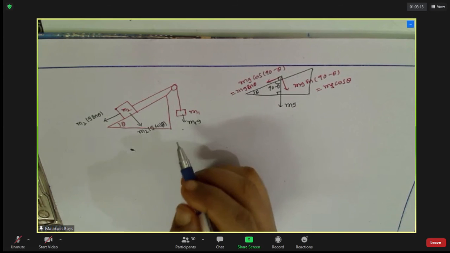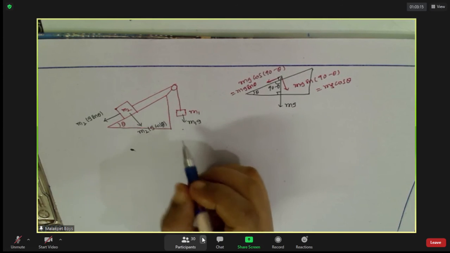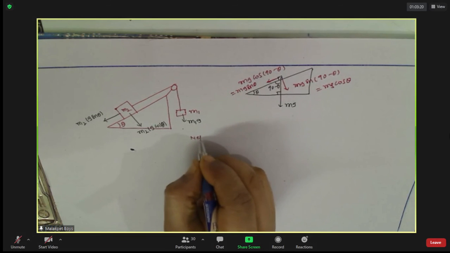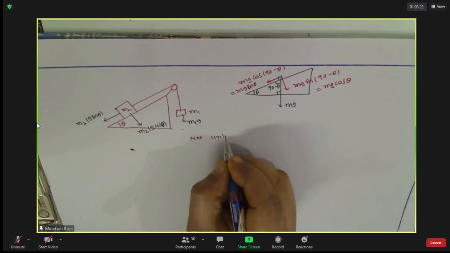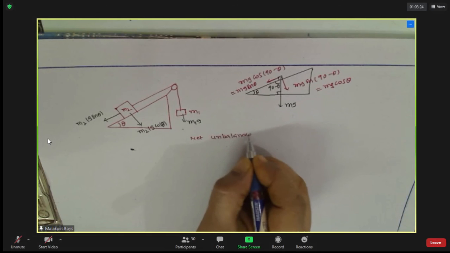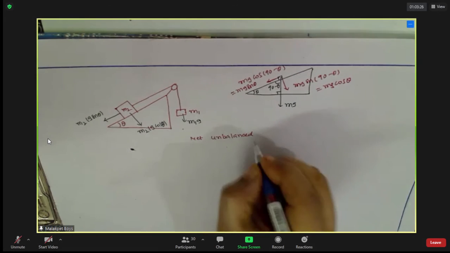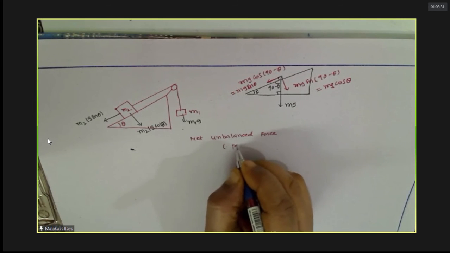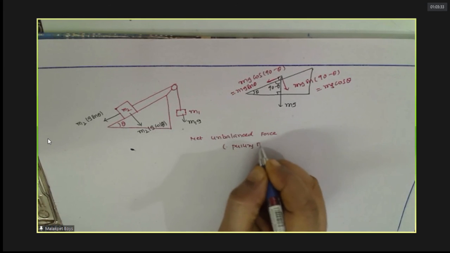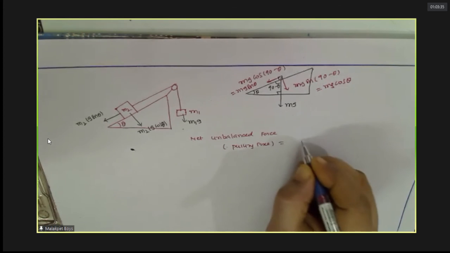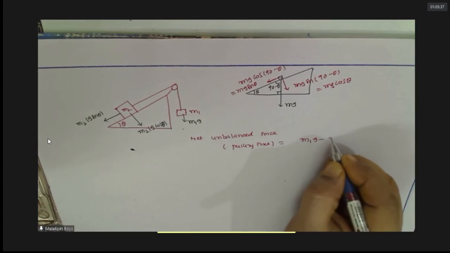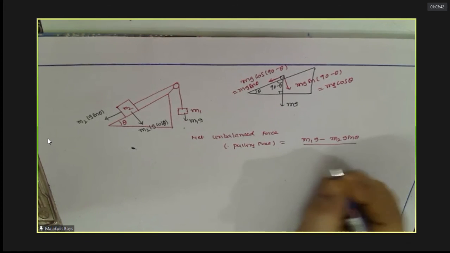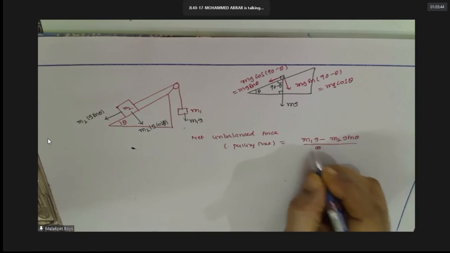Now you can see what is the net pulling force on this. It is nothing but m1g minus m2g sin theta, divided by m1 plus m2. Yes, sir.